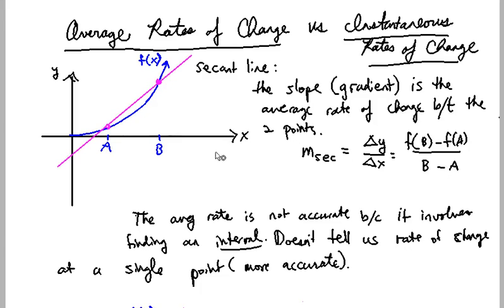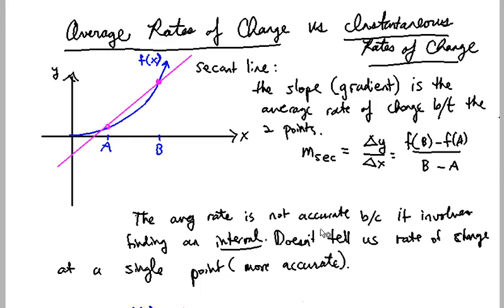The run is the distance from B all the way to A, the change in x. So that is the slope of the secant line, and it is an average rate of change between the points A and B.